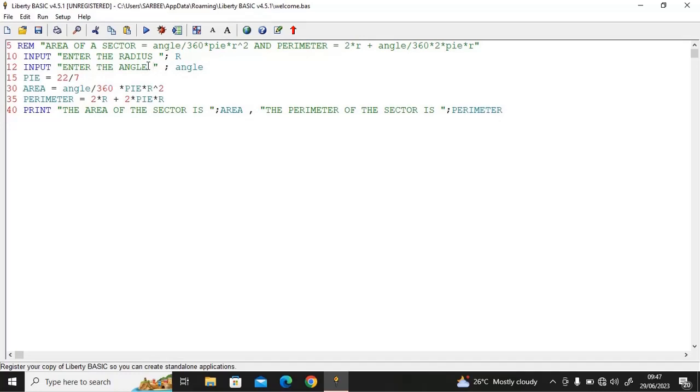Now, the next thing we are going to do is write a basic program to calculate the area of a triangle using Hero's formula. If you are given a triangle that has three sides, you have to find the area of that triangle. You are going to use what we call Hero's formula.